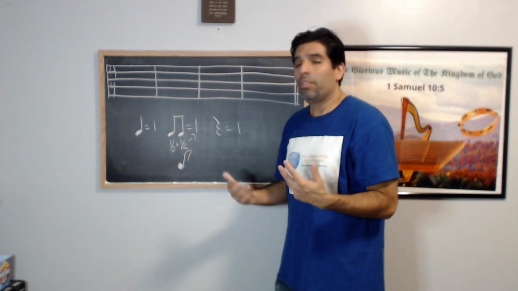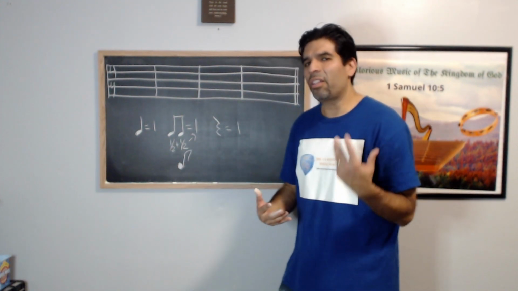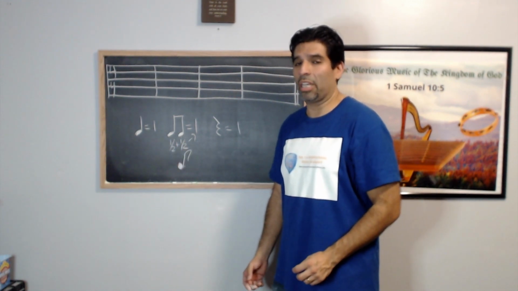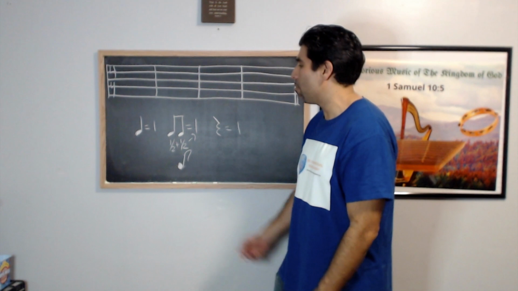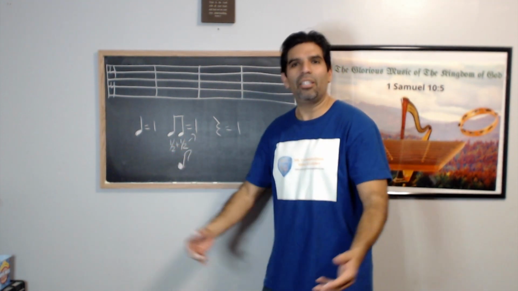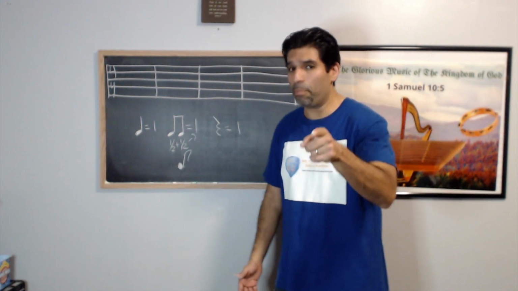Now you might say that the two 8th notes sound faster than the quarter note. Don't think of it that way. In actuality, it's not that they're faster so much as that they're smaller. They're smaller increments of sound, smaller beat units. Remember, they are half a beat each. And you might be saying, well, Mr. C, but they do sound faster. Well, think of it this way. Remember the word tempo?